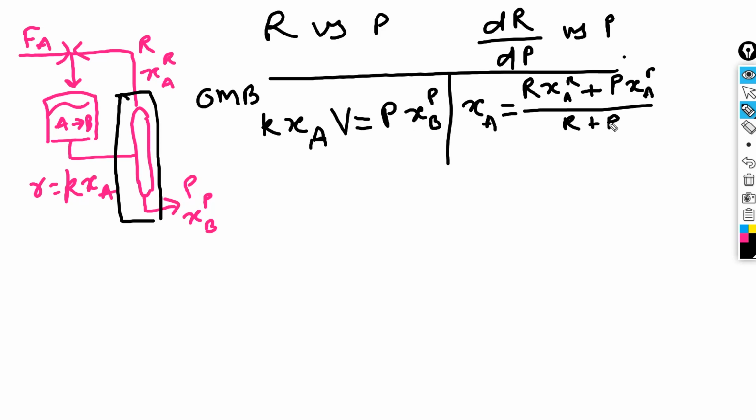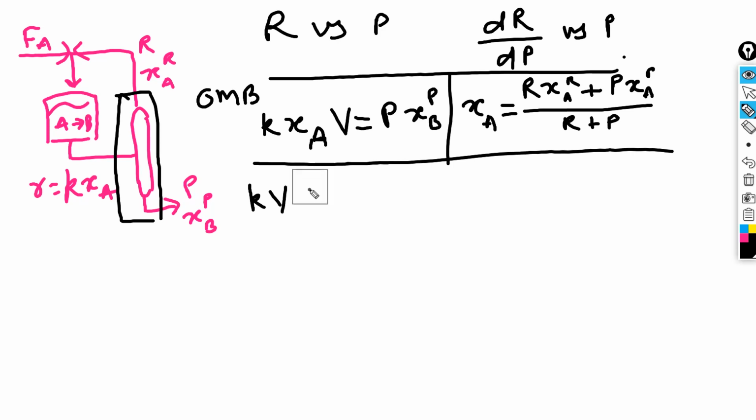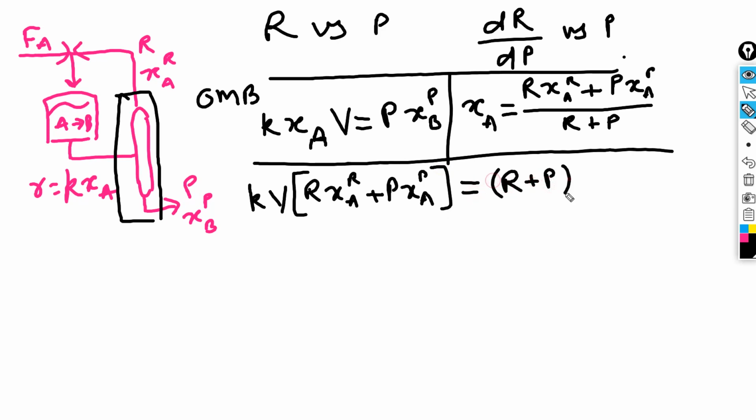That's the mole fraction of A in the reactor. Now if I substitute XA into the overall material balance and start substituting, what you will get is K times V times XA, and XA is R times XAR plus P times XAP. This must be equal to R plus P times P times XBP.